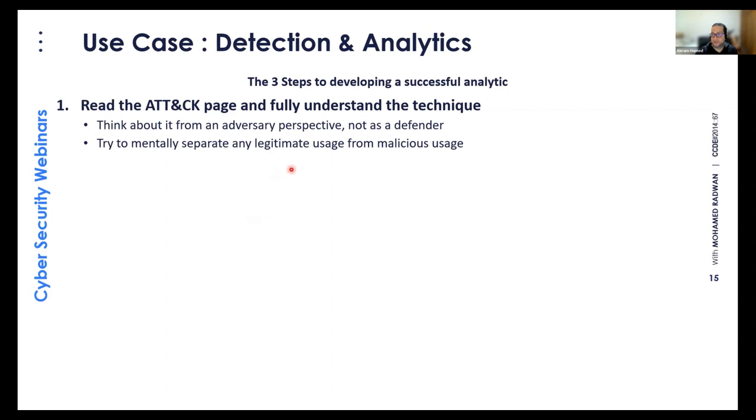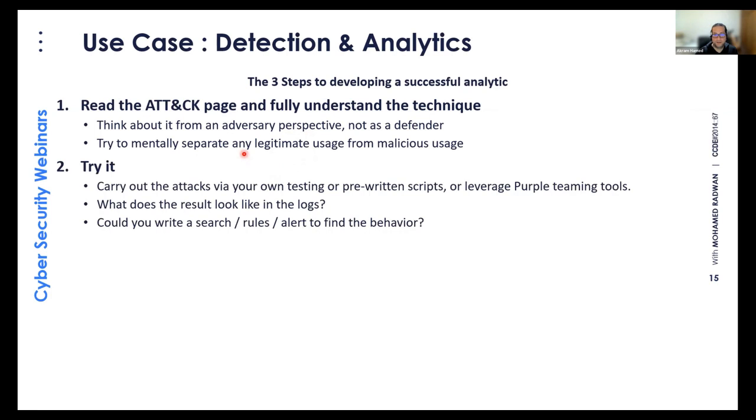The second thing is to write or try this technique using some pre-written scripts or, as I mentioned, purple teaming tools. Purple teaming tools are a very good way to test your systems by basically doing attack simulations.